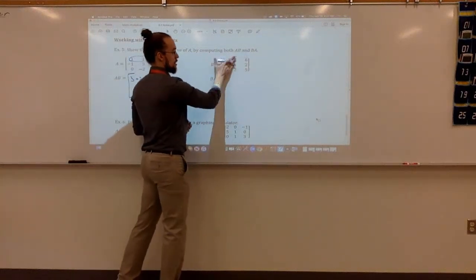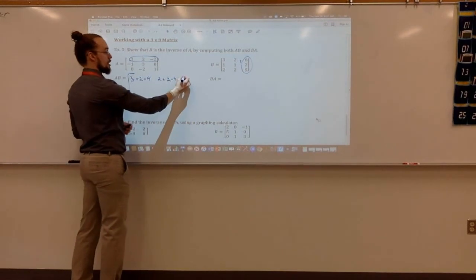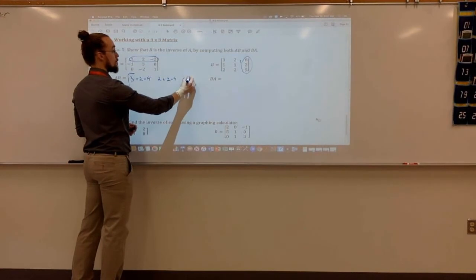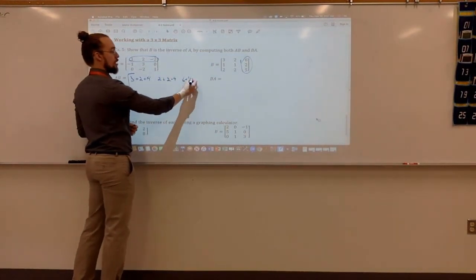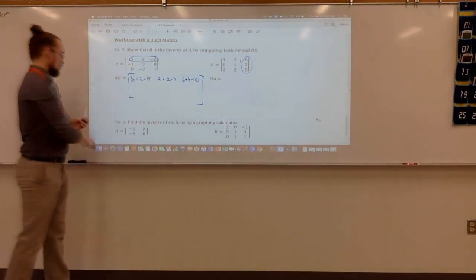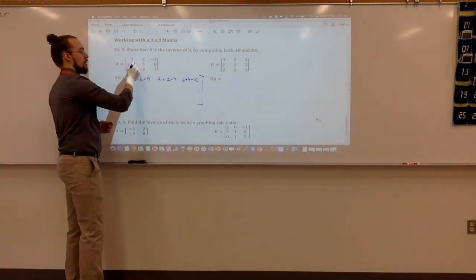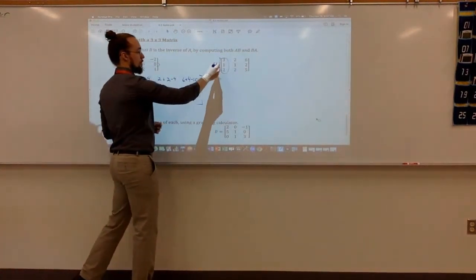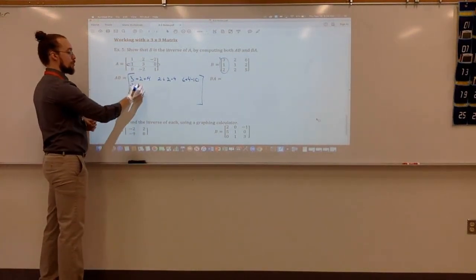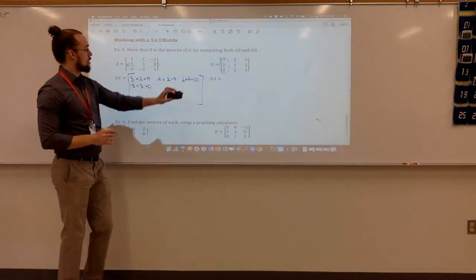Then, first row, third column, 1 times 6 is 6, plus 2 times 2 is 4, and then minus 10. Now second row, first column, negative 1 times 3 is negative 3. 3 times 1 is 3. 0 times 2 is 0.